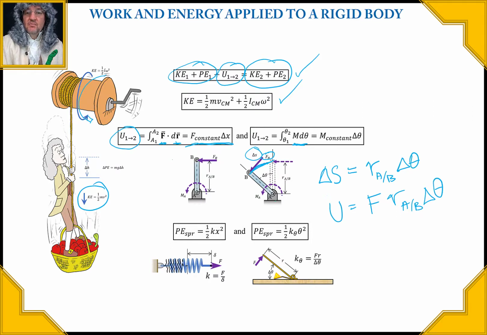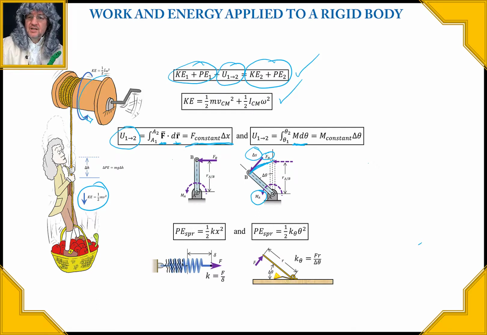But wouldn't the equivalent moment be that force times this distance right here? That is actually the moment M_A, the moment that's happening about A. So you wouldn't use both of these, because they're really equivalent to each other. You want to be careful not to double dip just because you could write the moment in a different way. That moment is really being caused by that force, so it's not both of them in there.